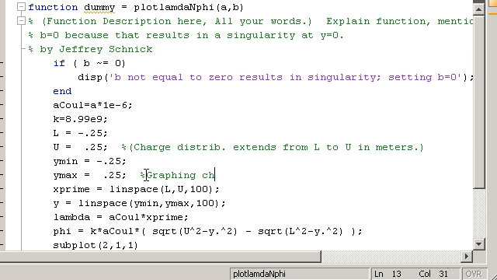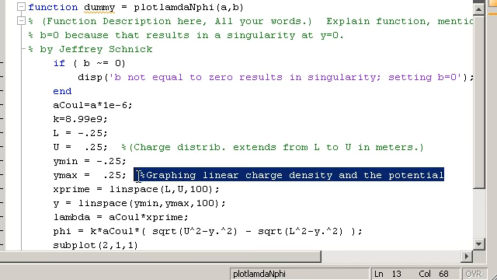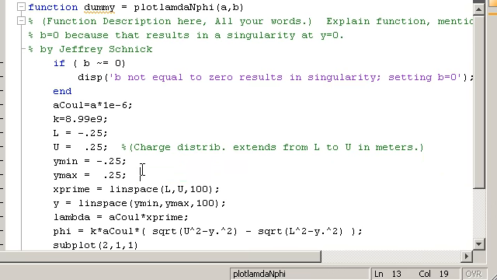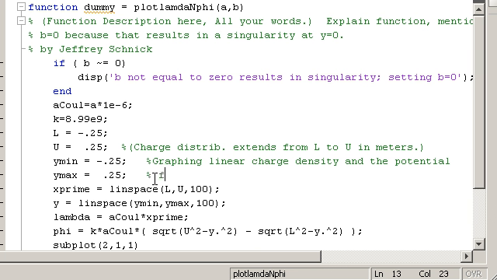the charge density, we call it the linear. And potential. Ooh, I think I'll put that up here. From Y min to Y max.